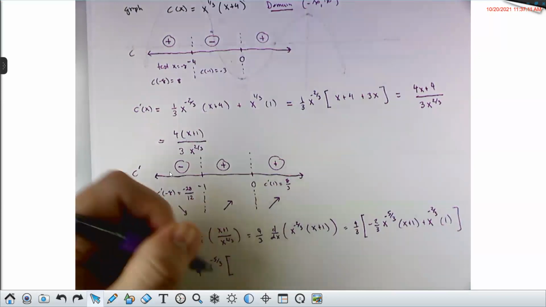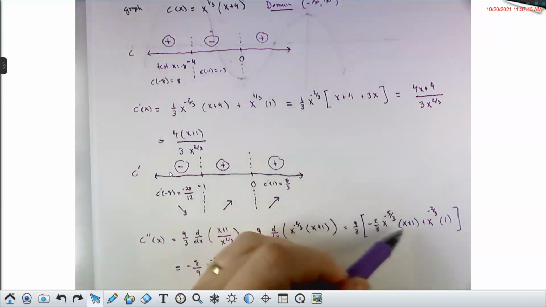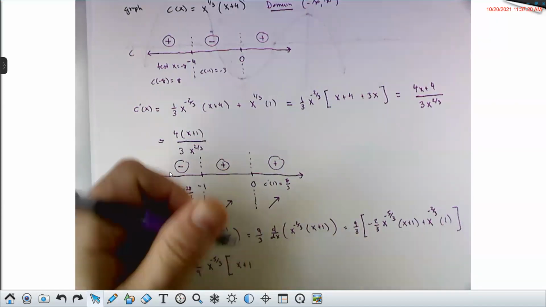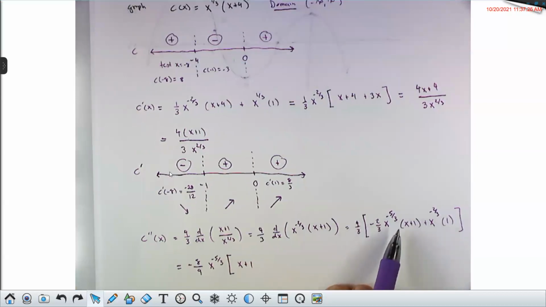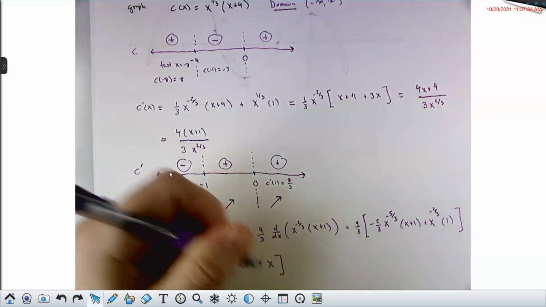And then what's left inside will be quite pretty. I've brought all this stuff out, so the only thing that remains from the first term is x plus 1. And then x to the negative 2/3 minus negative 5/3 is negative 2/3 plus 5/3, is positive 3/3, which is just x. Isn't that nice?